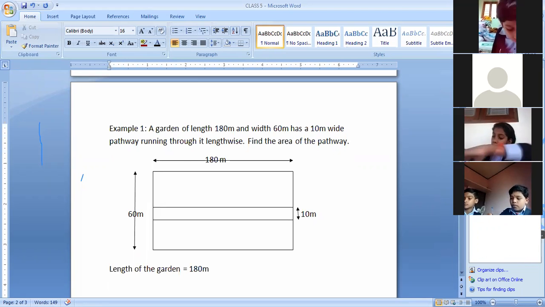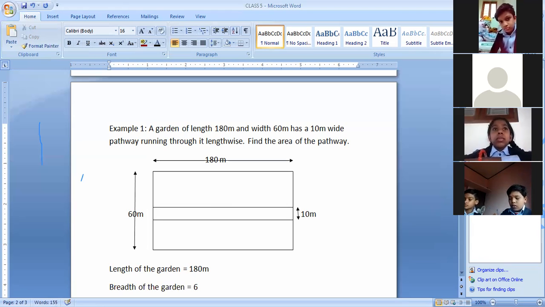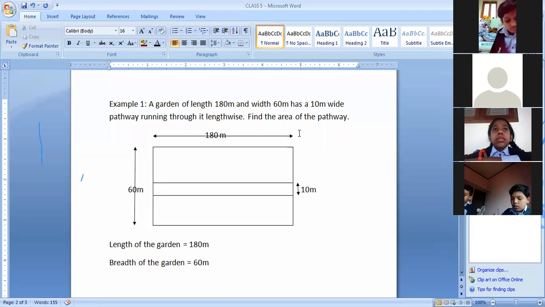Width or breadth is given. Breadth of the garden is given. That is 60 meter. And when we read the question, there is a 10 meter also. Has a 10 meter wide pathway.